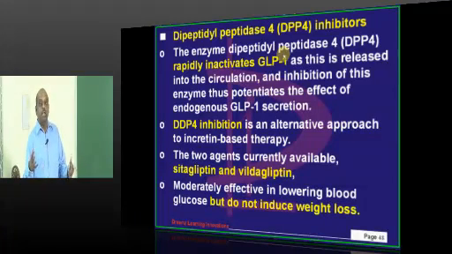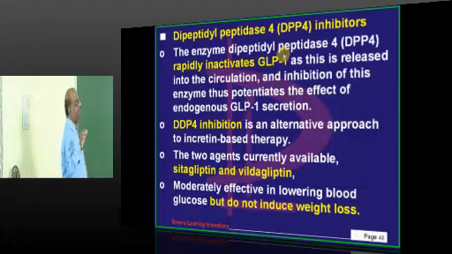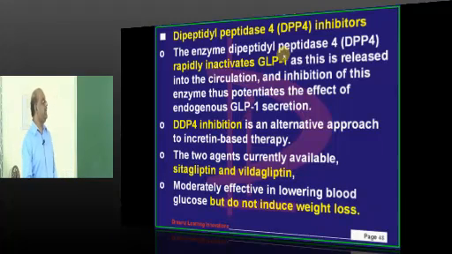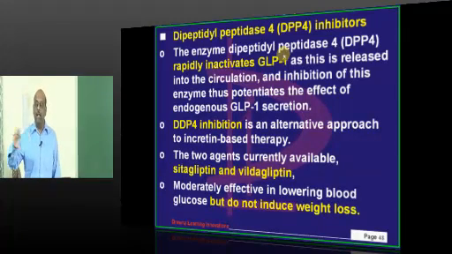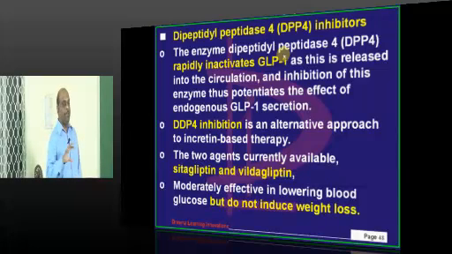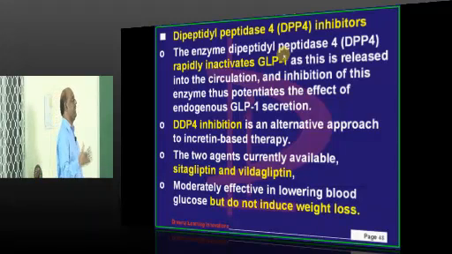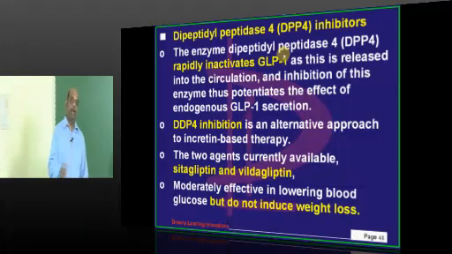We want GLP-1 to be more, to overcome the diabetes. So how can you do that? You can give an inhibitor of this dipeptidyl peptidase 4, and that in turn will inhibit the breakdown of GLP-1 and increase the levels of GLP-1, which has the incretin effect, is what needs to be remembered.